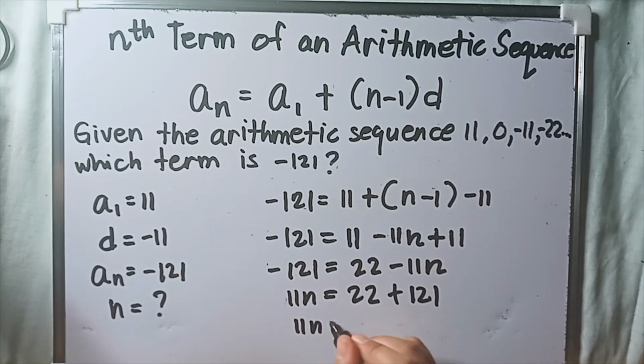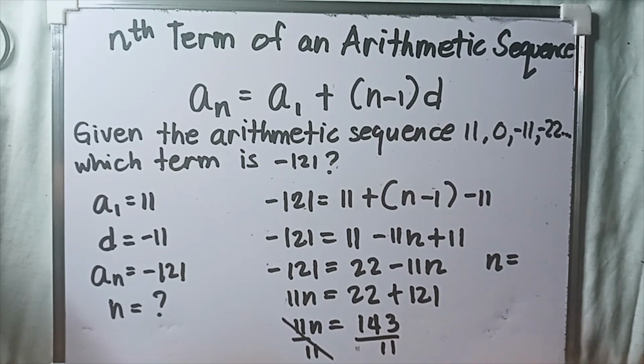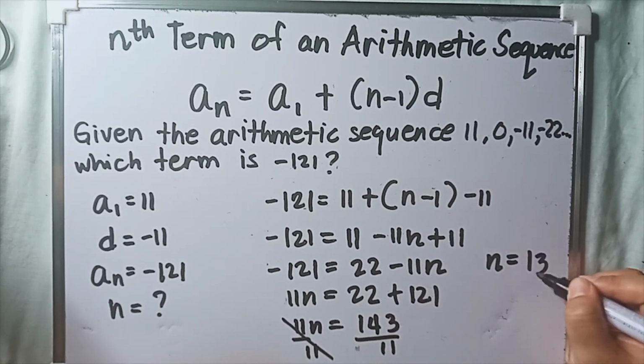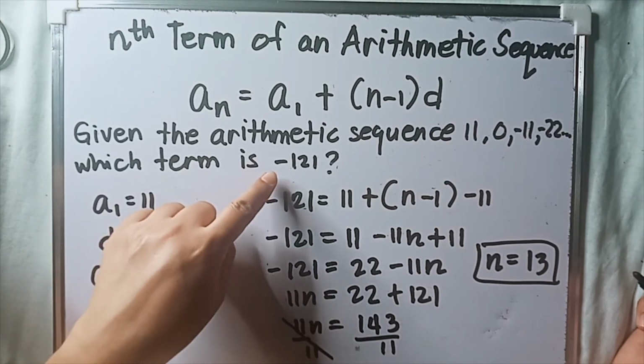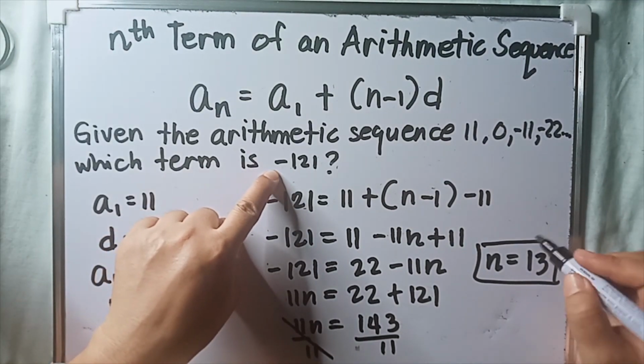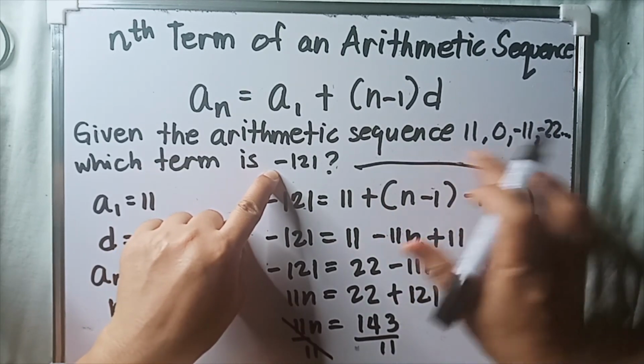So, 11n then will become 22 plus 121 is 143. Okay? Divide both sides by 11. Cancel. And now, so 143 divide 11 is 13. So, this means that negative 121 is the 13th term. Siya yung ating pang 13th term sa sequence na to.